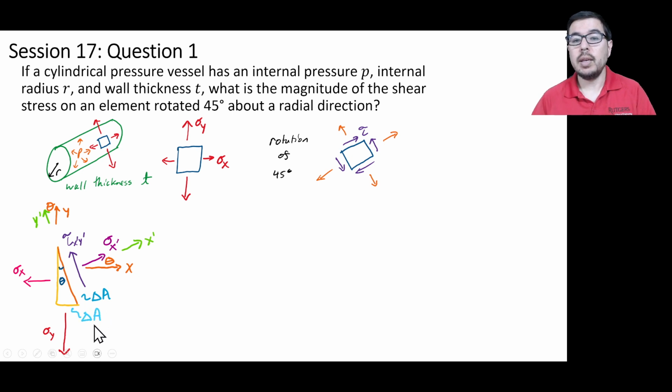So we can look at this shorter side as being delta A times sine theta, right? Sine is opposite over the hypotenuse. On this face, we have delta A cosine theta, okay? Hypotenuse times cosine theta will give us this vertical face.